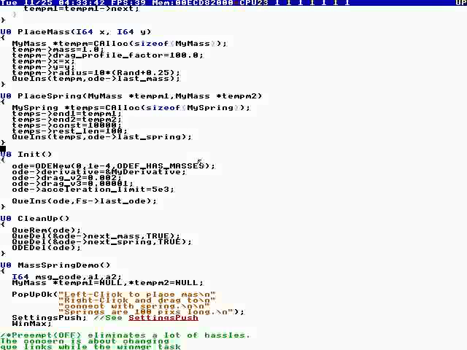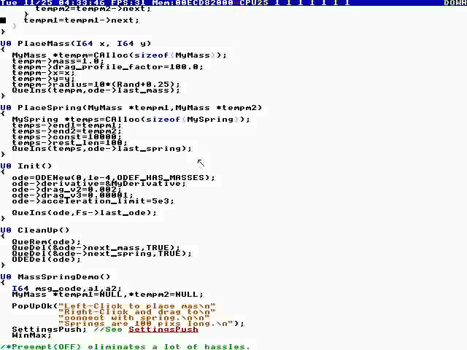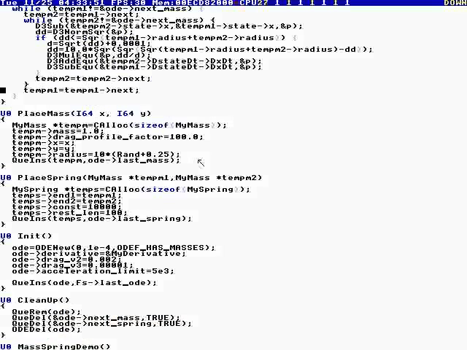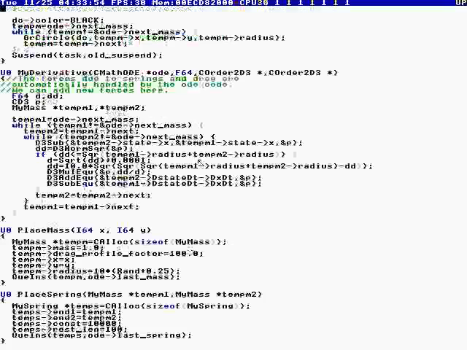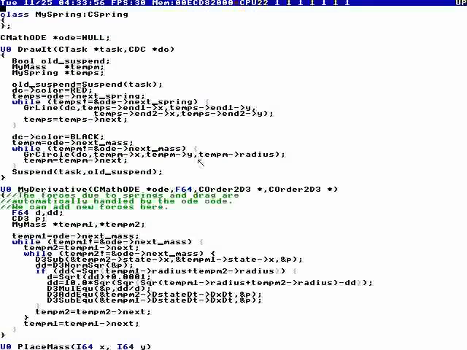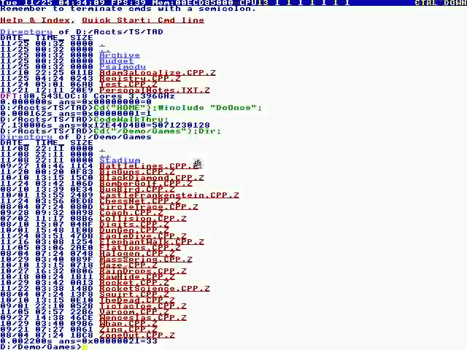Anyway, it's a fancy algorithm, and it's built into the operating system, into the window manager. Then I place masses, place springs, and it automatically moves them around based on the derivative. And then I go through the springs and draw the springs, and I go through the masses and draw the masses. So anyway, good luck.